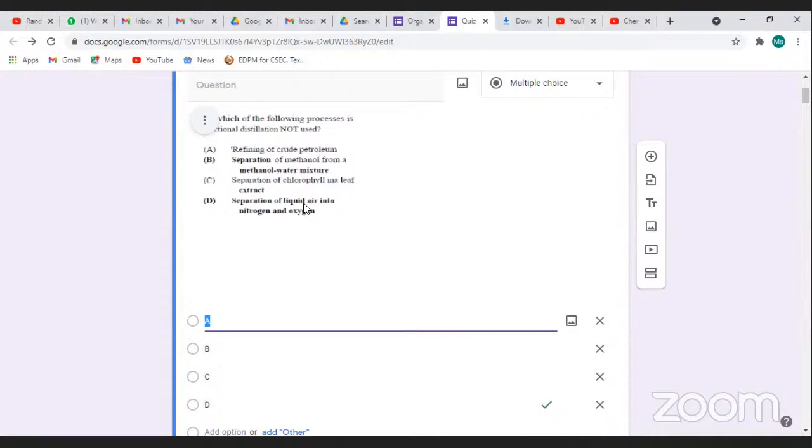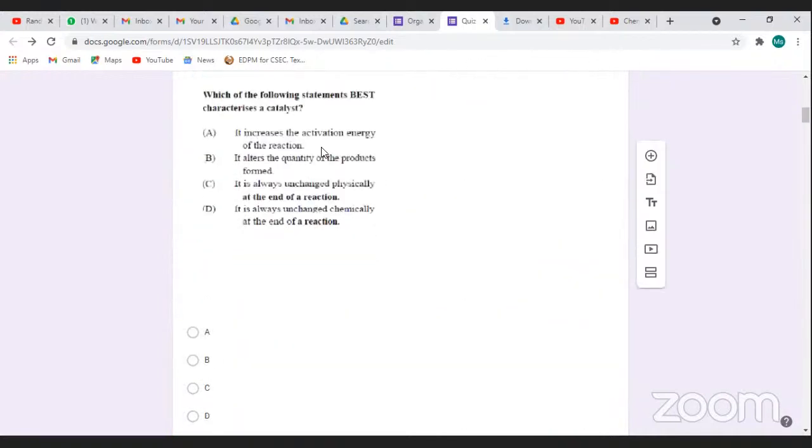Why? Because this process does not include boiling off the mixture and collecting the components at different temperatures. So that's why the answer is D. You actually don't use fractional distillation for that.